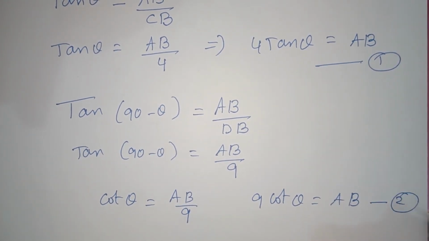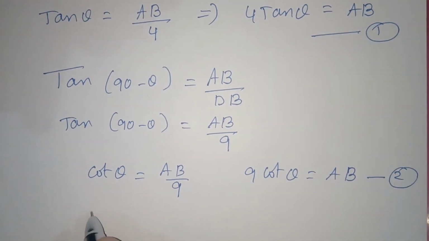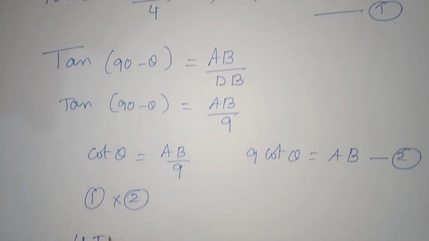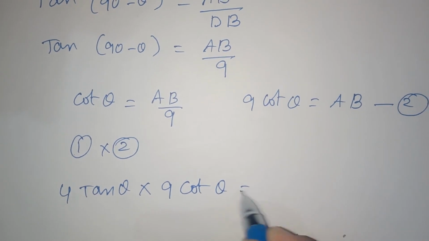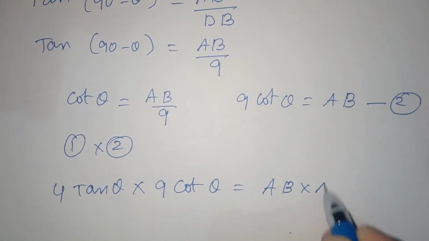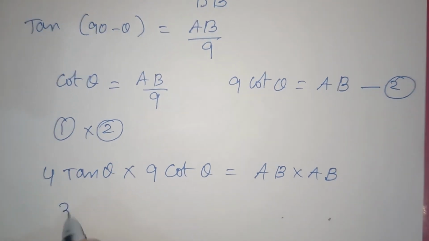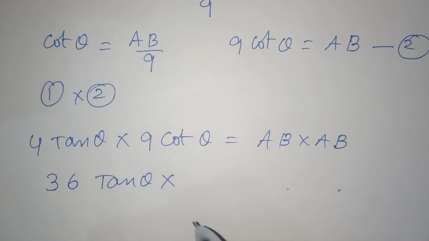Second equation. Multiplying equations 1 and 2: 4 tan theta into 9 cot theta equals AB into AB. 4 nines are 36. Tan theta into cot theta is 1.